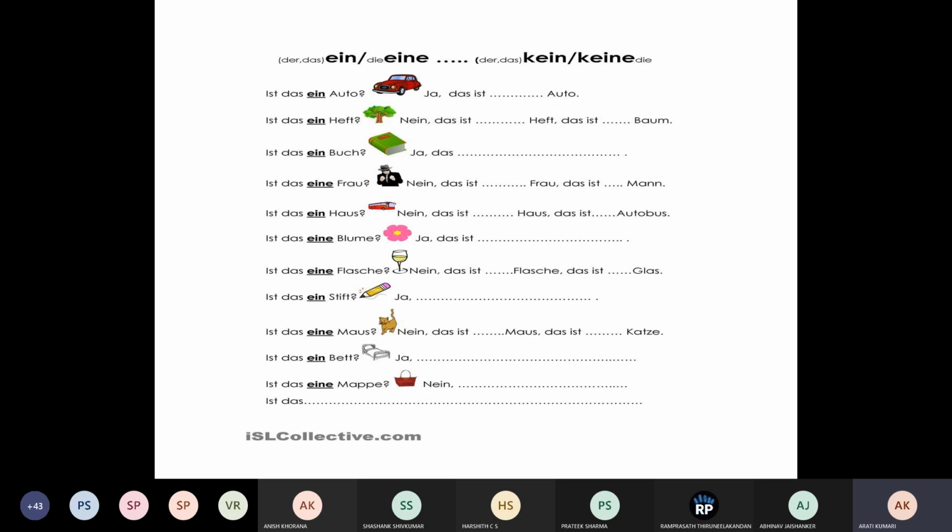Entry ticket, something like Eintritt, then you have S plus Karte, Eintrittskarte. Entry ticket, if you want to say. Sometimes there is one extra S that has been added.